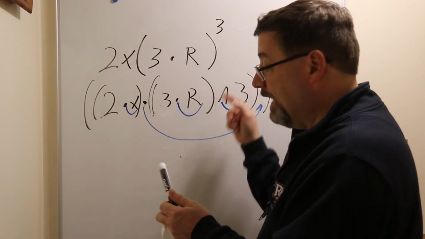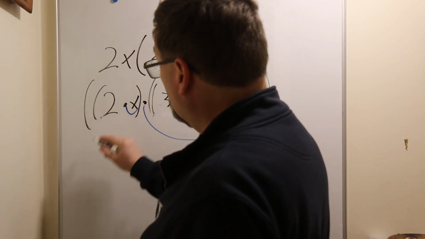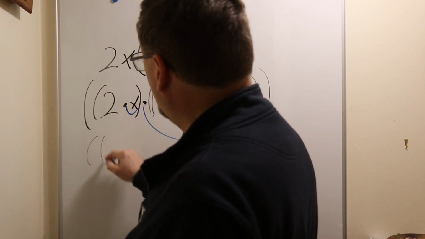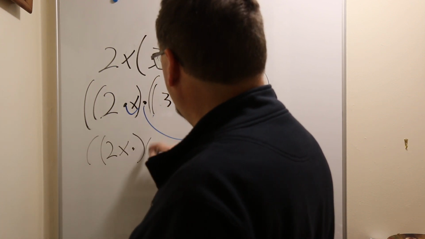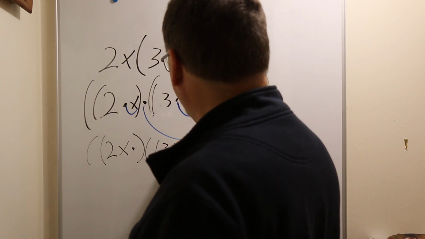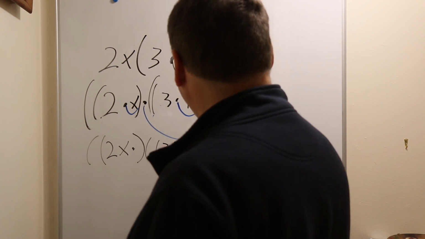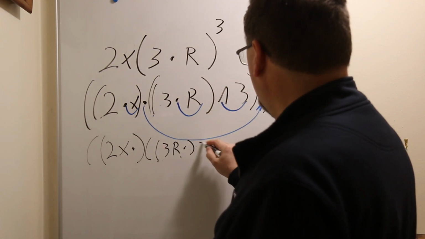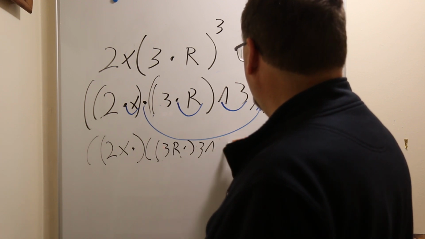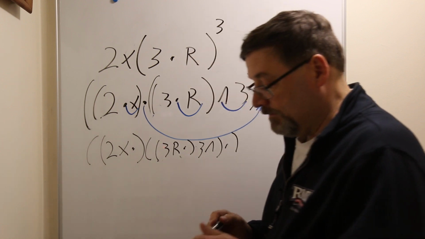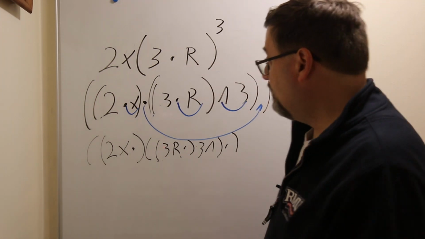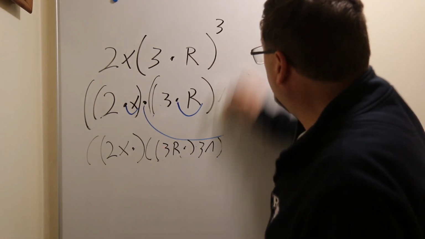The operands never change their order. So we do left 2x times left 3r times right 3 exponent right times right. So far so good. Let's try another one.